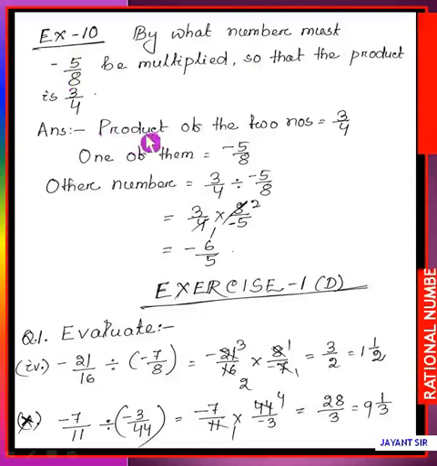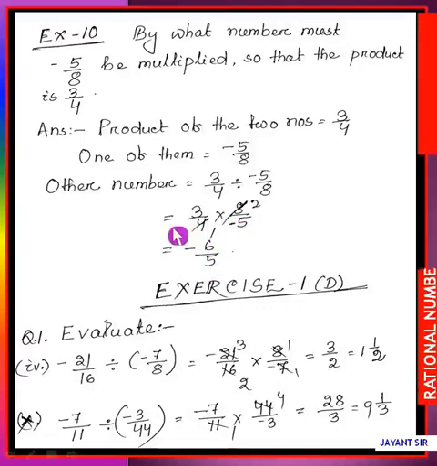The product of two numbers equals 3 by 4, one of them equals minus 5 by 8, so the other number equals 3 by 4 divided by minus 5 by 8. Now we make it reciprocal: 3 by 4 into 8 by minus 5. 4 1 is 4, 4 2 is 8, 3 2 is 6, so 6 by minus 5, that means minus 6 by 5.